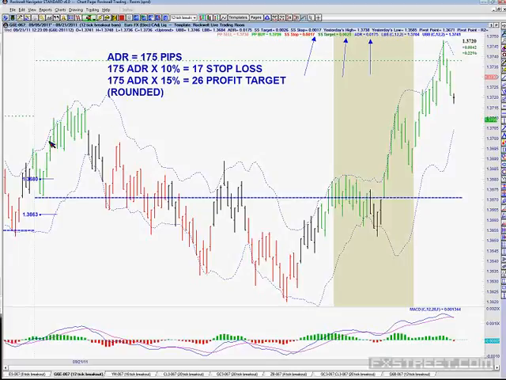So my profit target is up here at 37.06. So we see, just using the average daily range for our target and our exits, that our stop loss is appropriate for this market. We get the move on up to our target, and that would be a reason to get out of a trade.